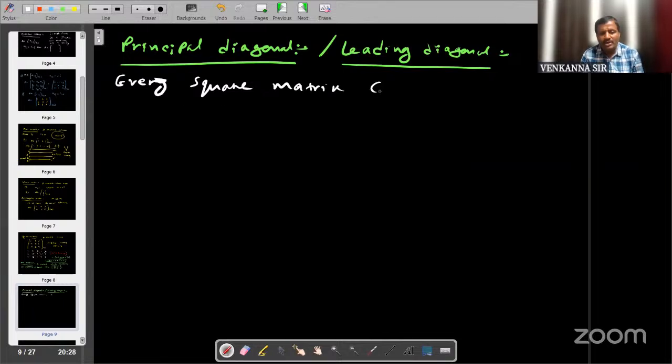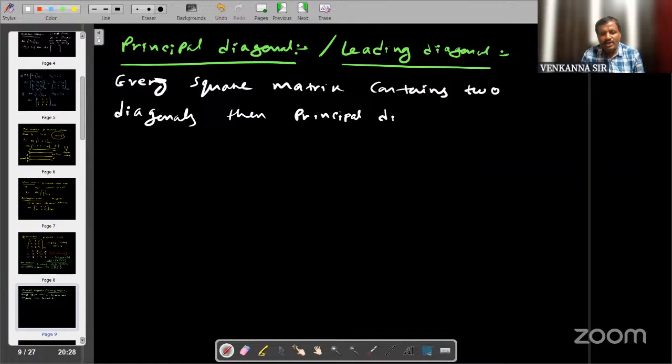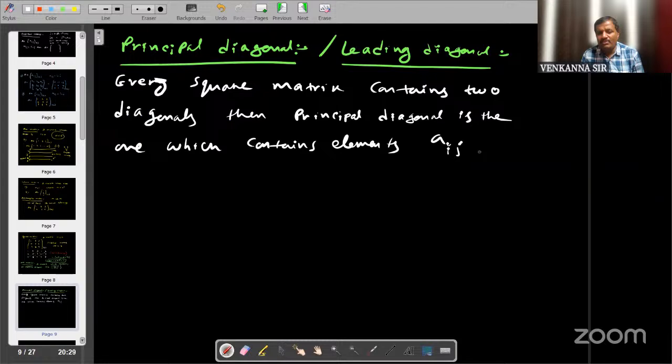The principal diagonal is the one which contains elements aij for all i equal to j. That is the definition of the principal diagonal.